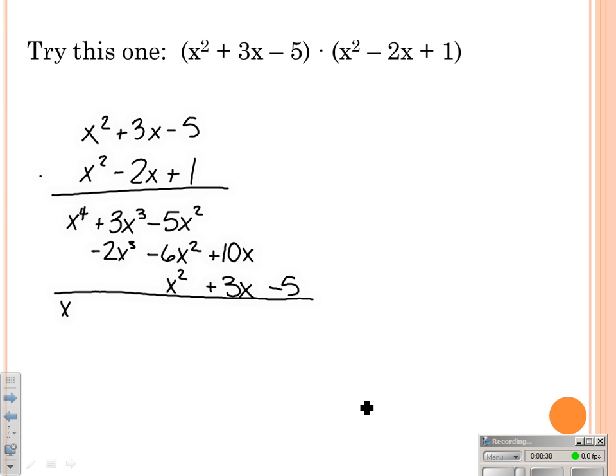So we've got an x to the 4th out front plus x cubed. We have negative 5, negative 6, and positive 1, so we have a negative 10x squared. Then you've got 10x and 3x, which makes 13x. And then the negative 5 constant is all by itself.